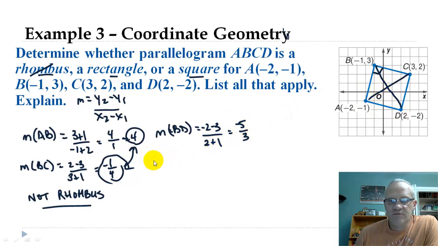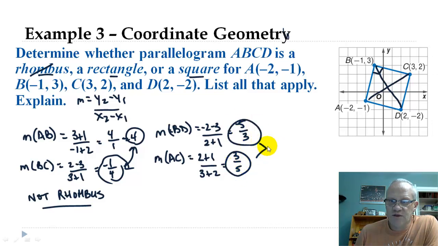And then again, now let's do AC. On AC we'll go 2 plus 1 over 3 plus 2. And so this would be positive 3 over 5.